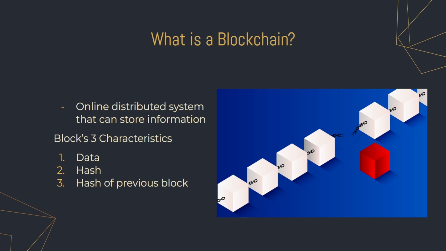And third is the hash of the previous block, which connects the current block to the rest of the chain. The reason we need to add more blocks is that each block has a limit on how much information it holds. For example, Bitcoin has a limit of around 1500 transactions per block. After the 1500 transactions have been stored, another block is required to be chained onto the previous one.